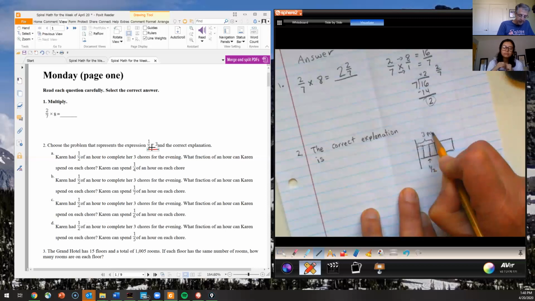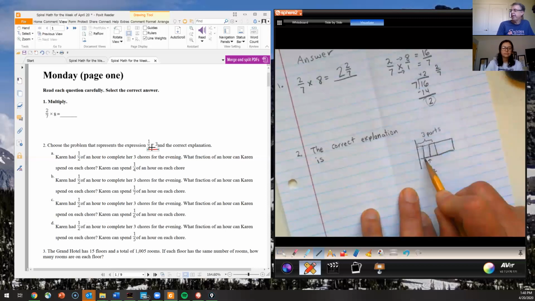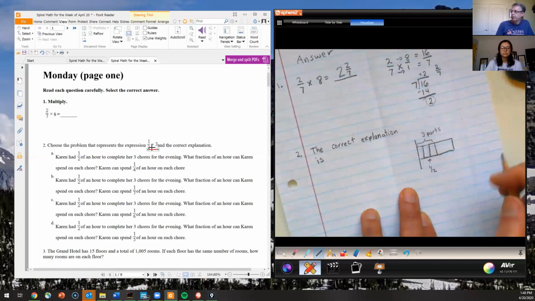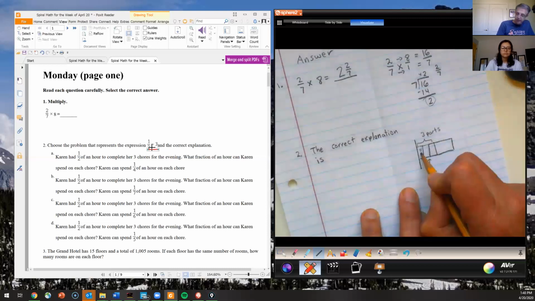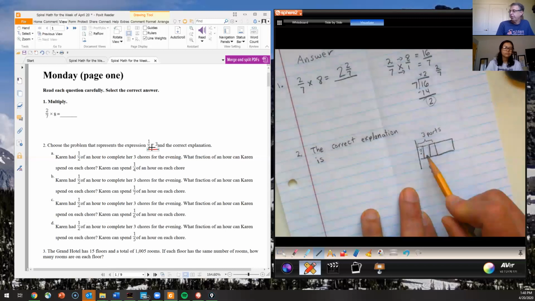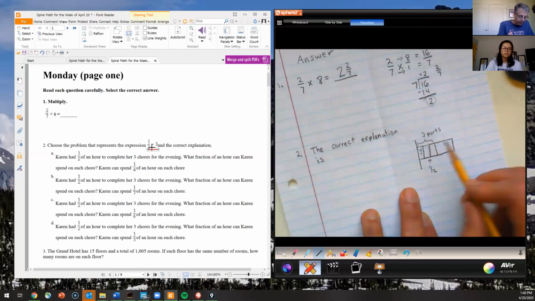I'm taking 1/2 and dividing it into 3 parts. My quotient, 1/2 divided by 3, is going to equal 1 of these parts. The question mark is, what fraction of the whole unit bar is that? So what fraction of the whole unit bar would it be?